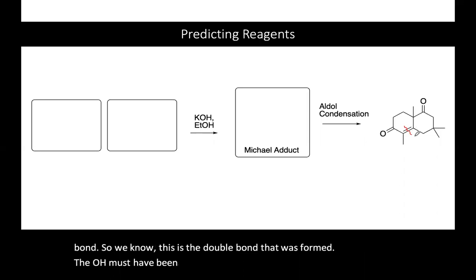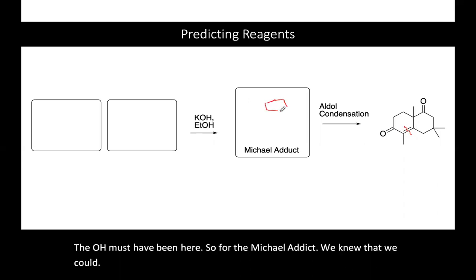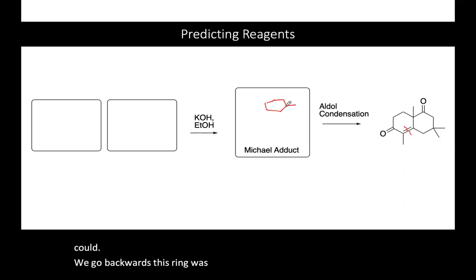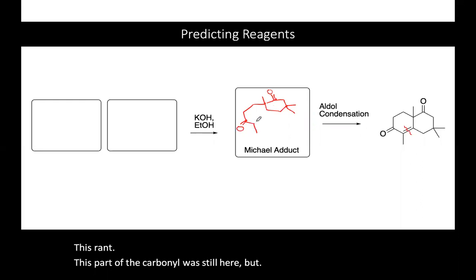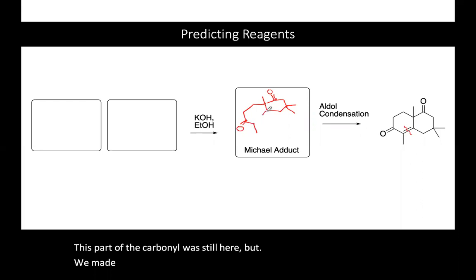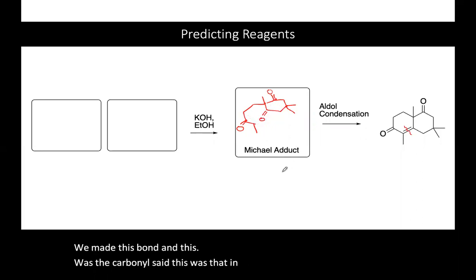So for the Michael adduct, we know that if we go backwards, this ring was here. This part of the carbonyl was still here, but we made this bond, and this was the carbonyl. So this was the enolate anion that attacked in the aldol.